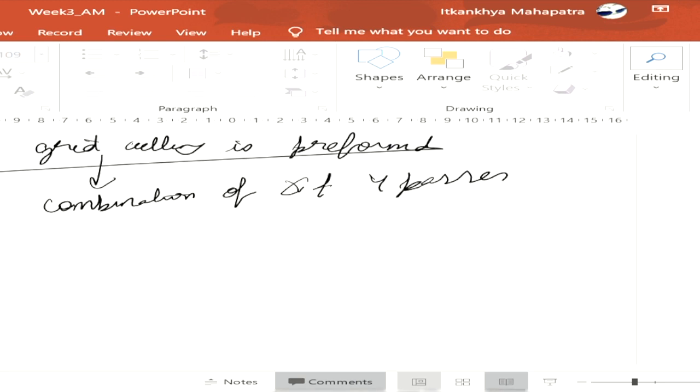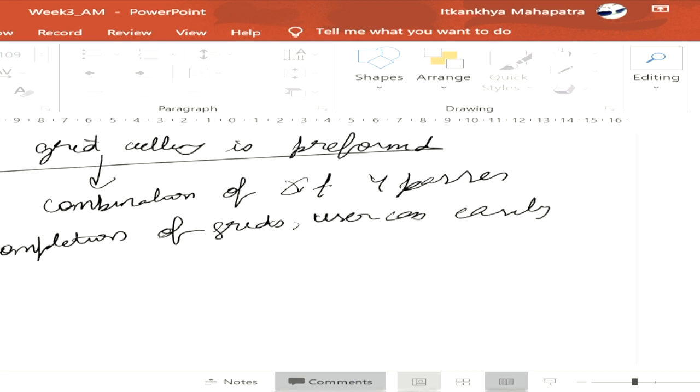After the completion of grids, the user can easily remove the grids later on.